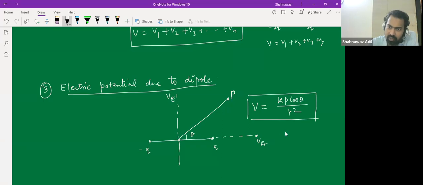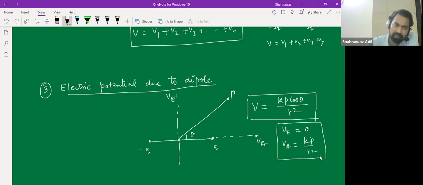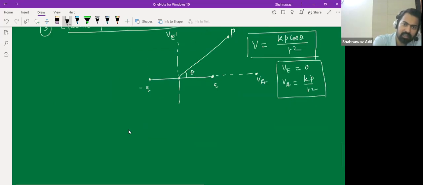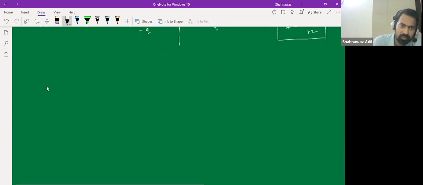So at the equatorial point, this was 0, and at the axial point, this was Kp by r square. So this we did.